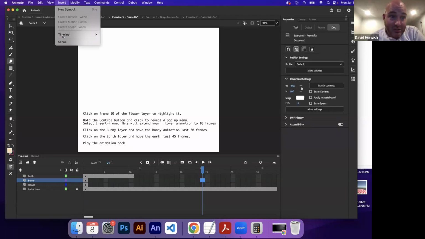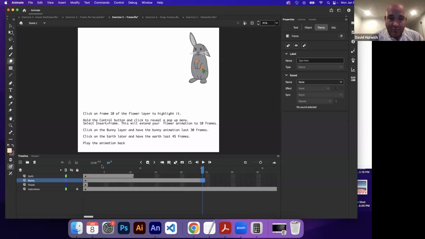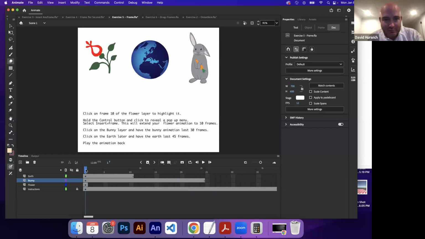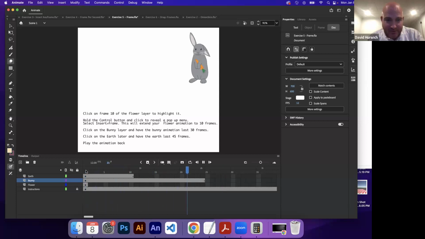Once again, insert timeline frame or F5. And so now when I play this back, the flowers are going to disappear, then the earth, and then the bunny.